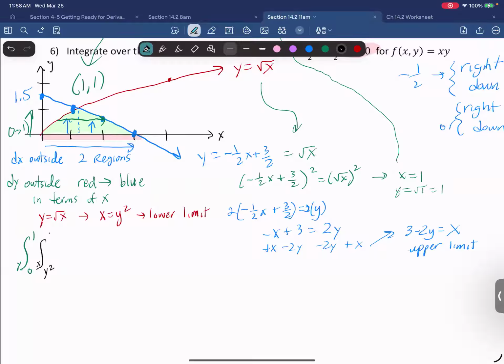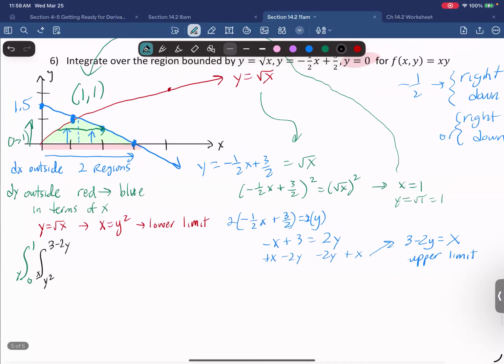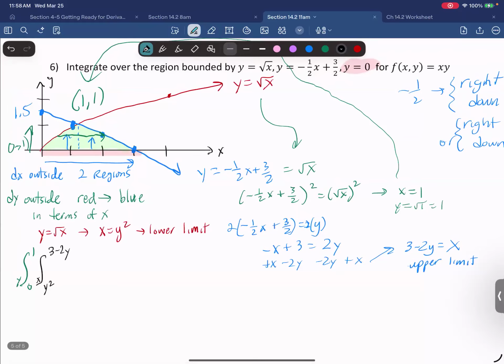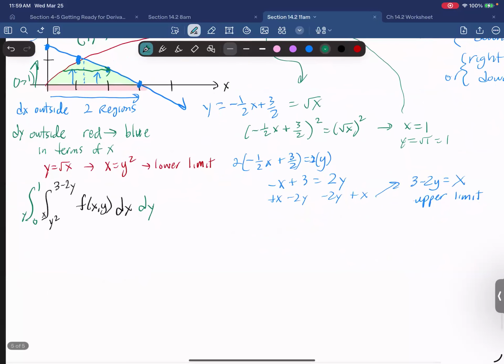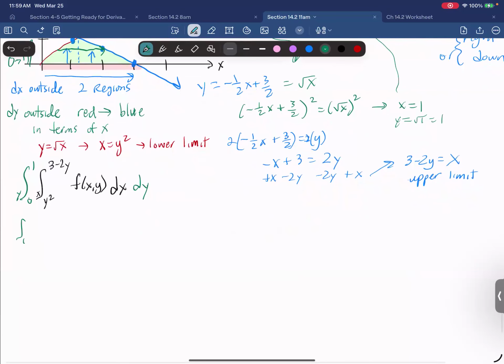And the upper limit was 3 minus 2y. And we had f of x, y. I'm just going to make sure I put that in real quick. And when we upgrade to putting it in, it's just xy.